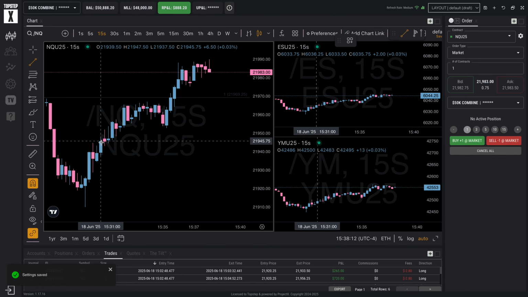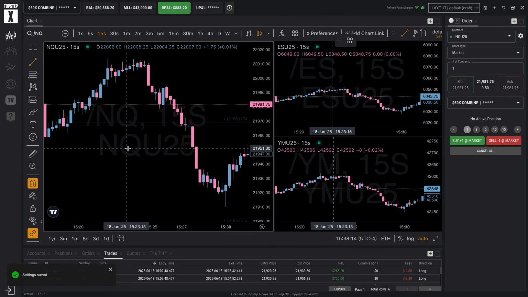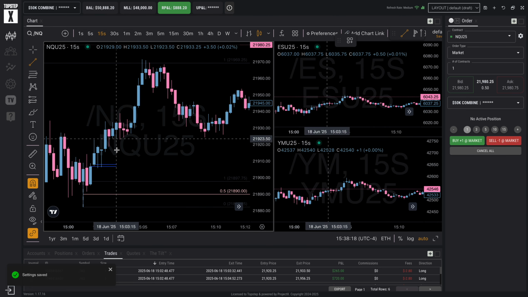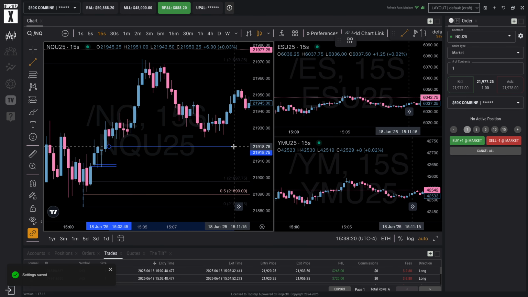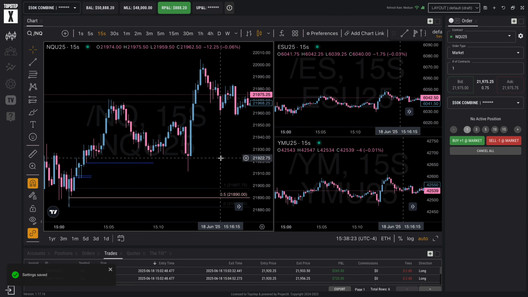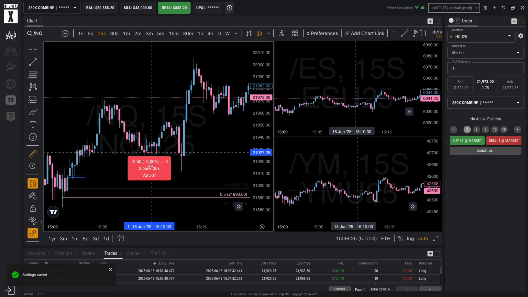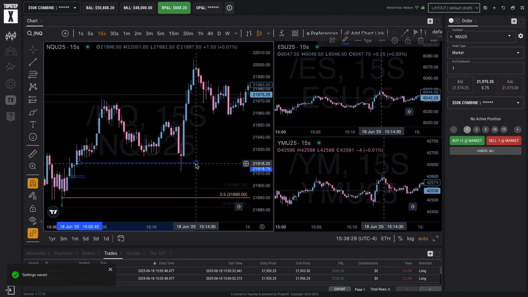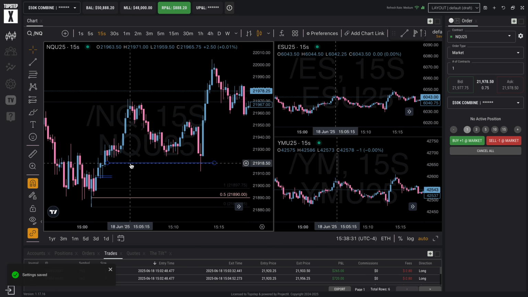So entry was right here. No drawdown except for here, but I was already out of the trade. From here, 21, I was in at 20:25.